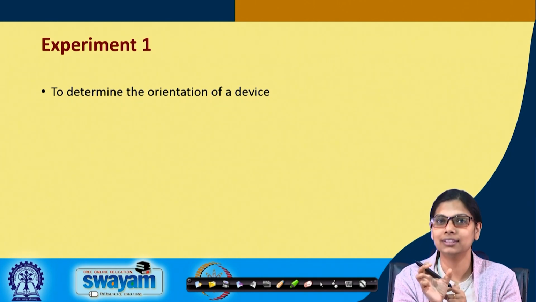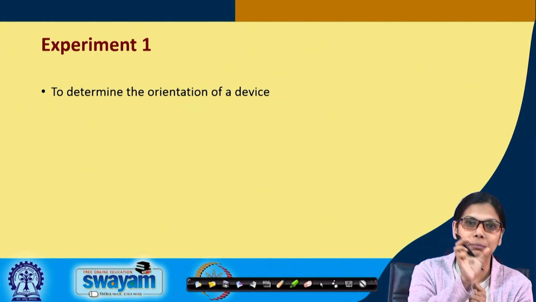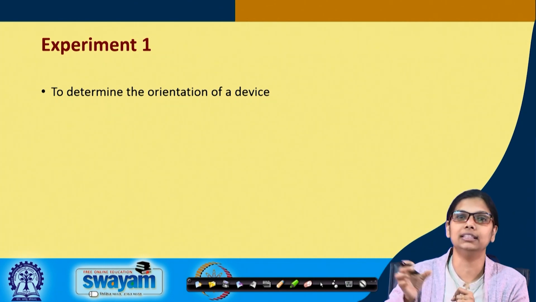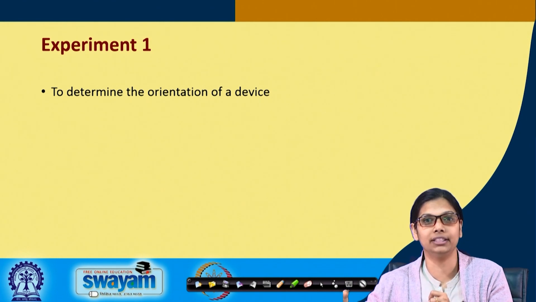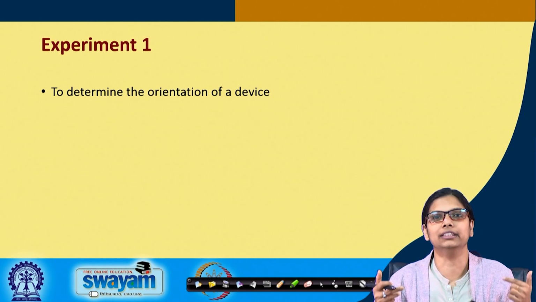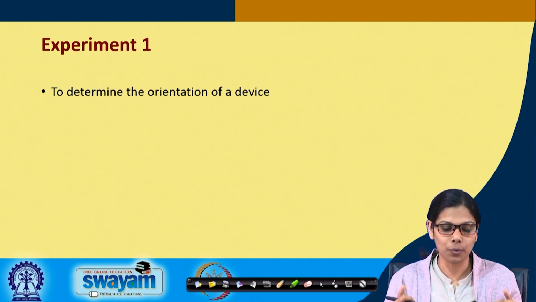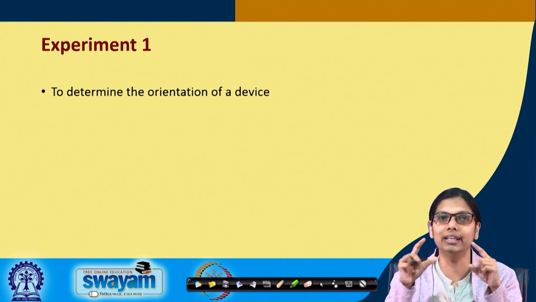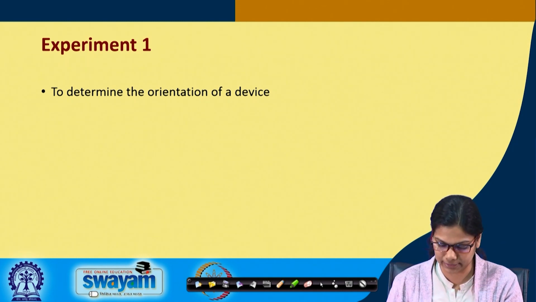So, if the x coordinate value is in between this and this, or the y coordinate value is in between this and this, or the z coordinate value is in between this and this, then it is vertically up or vertically down. So, in this experiment, firstly we will look into the orientation of the device.